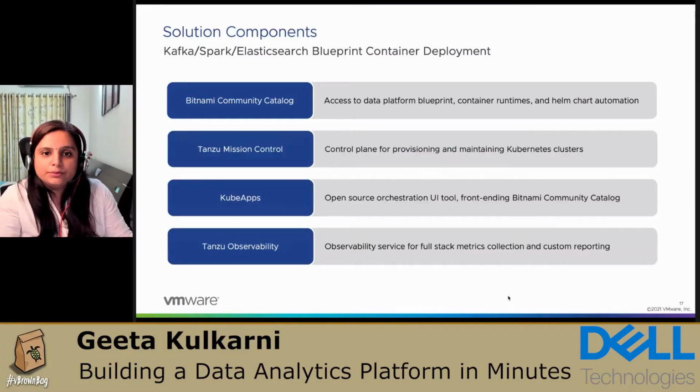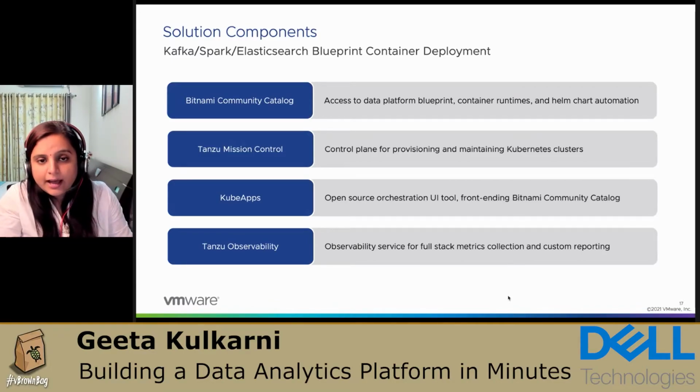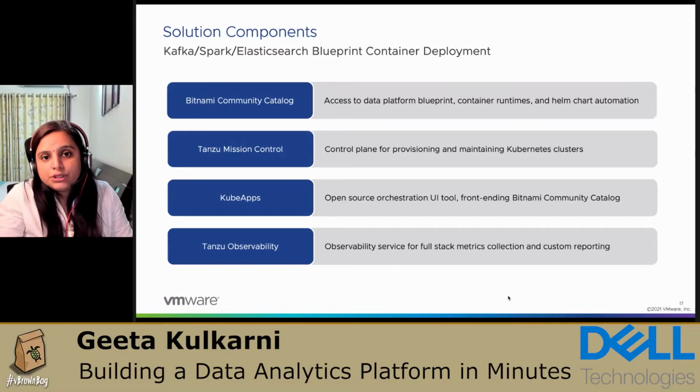We will first go to the Bitnami community catalog and have a look at the blueprint. The second thing is we will go to Tanzu Mission Control and have a look at the TKG cluster on which we are going to deploy this data platform. We will be using kubeapps as our front end to the Bitnami application catalog, and using it to deploy the data platform using the Helm charts. And we will be using Tanzu Observability as our observability solution for monitoring the data platform immediately.